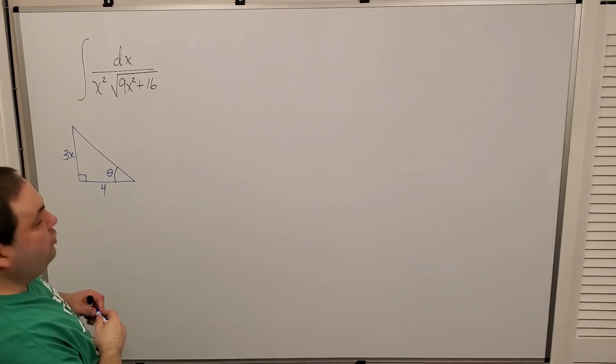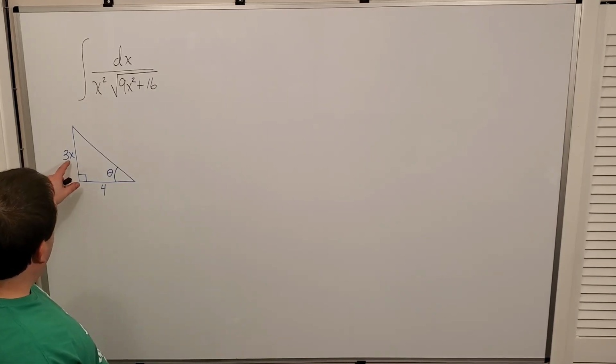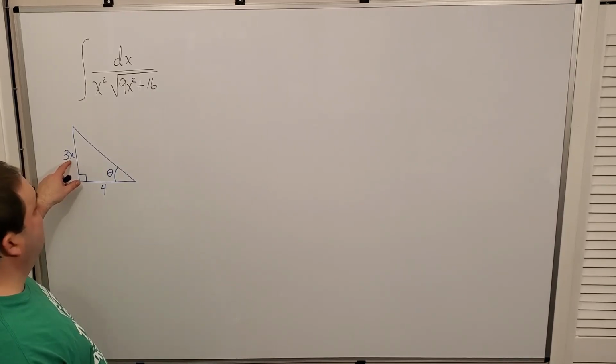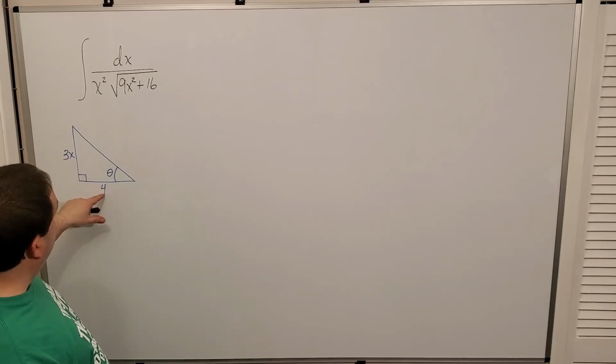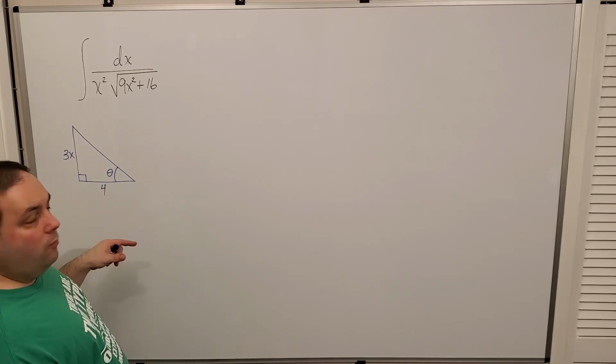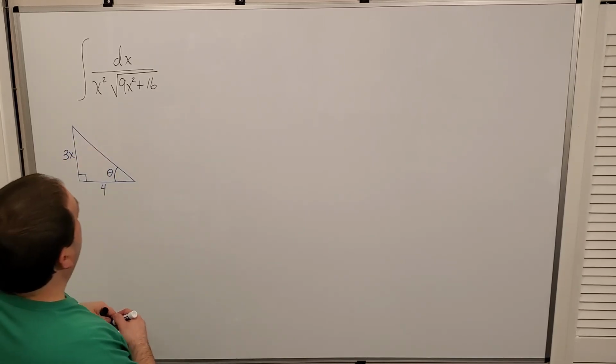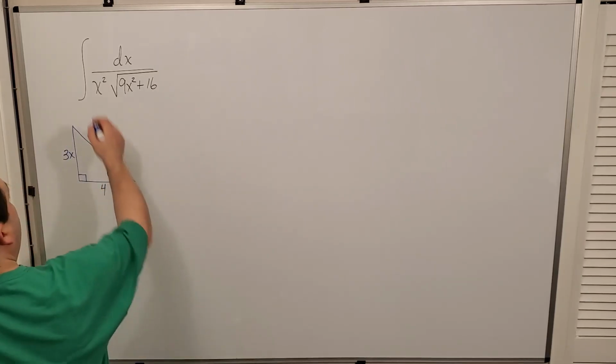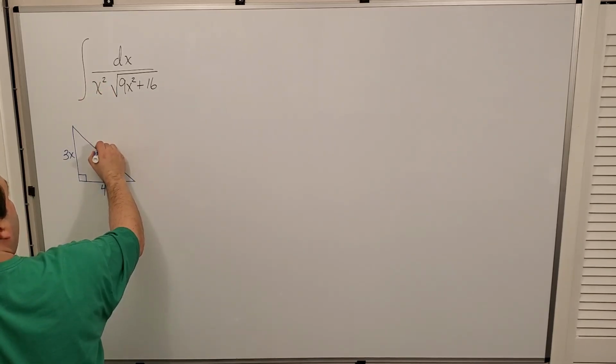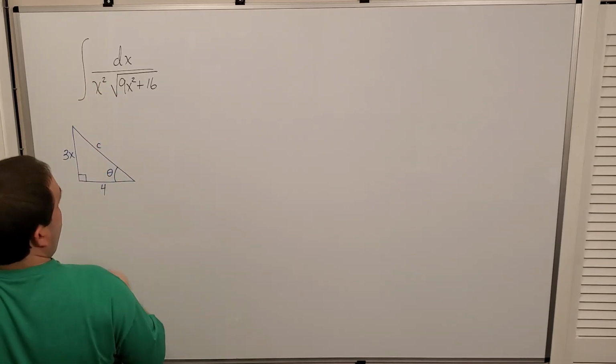Then I'll use the Pythagorean theorem. 3x squared is 9x squared, plus 4 squared is 16, right? And then square root both sides, and that gives me the hypotenuse, right? So here, let me write it out. Let's say I let the hypotenuse be c.